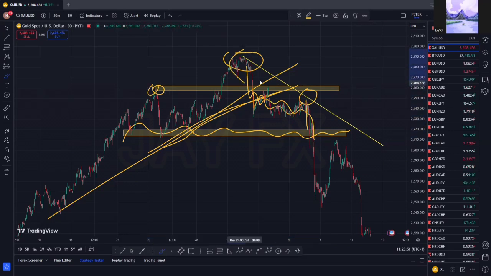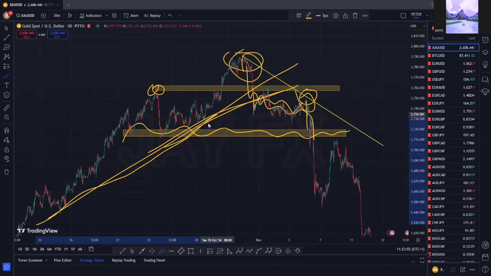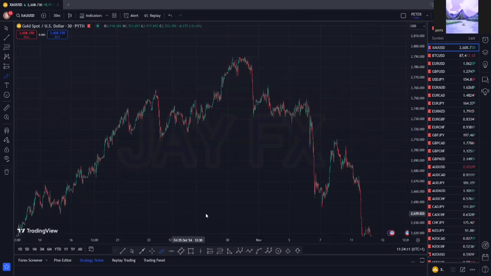And after showing these head and shoulders, the uptrend trend line was already broken, so we're not counting it. This way we confirmed that gold is going down since it breaks this, and we knew that it's going down.